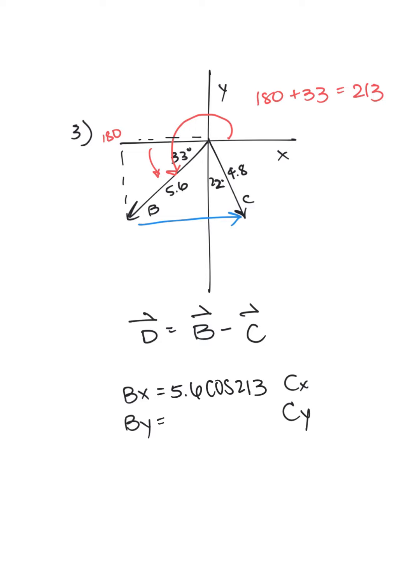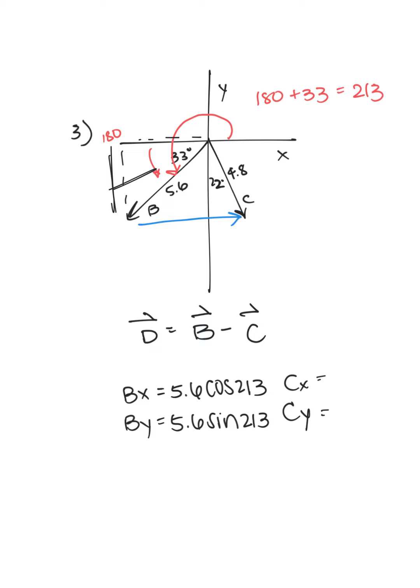And our B of Y can be found as 5.6 sine, because our Y is opposite from the angle, 213.